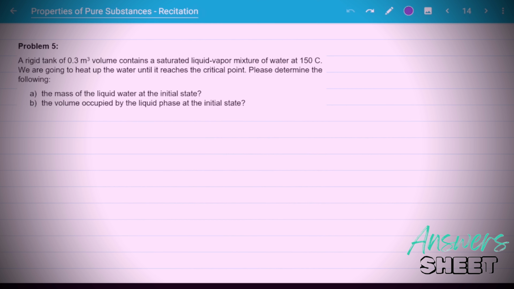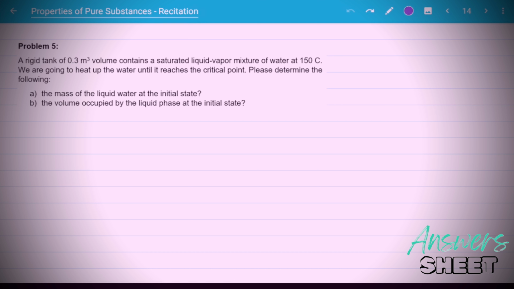Let's continue with problem 5. We have a rigid tank, the volume is given, and we have a mixture of saturated liquid and vapor at 150 degrees Celsius. We are going to heat this system up until the water inside reaches the critical state. We are asked to find the mass of water and also the volume occupied by the liquid phase initially.